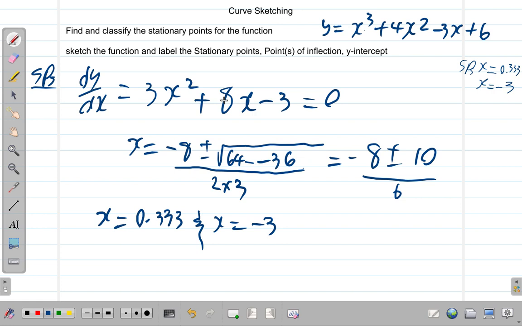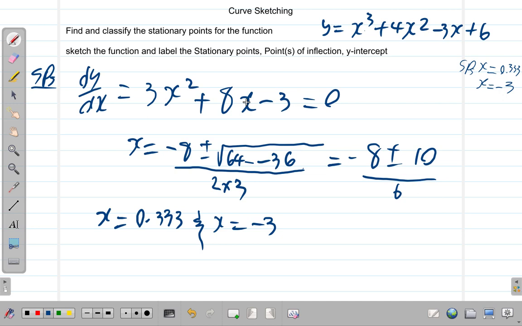Now, since we have the x values, we can find the classification, whether it's a maximum or minimum. The first derivative tells us what the gradient is at a certain point, in other words how the curve changes.